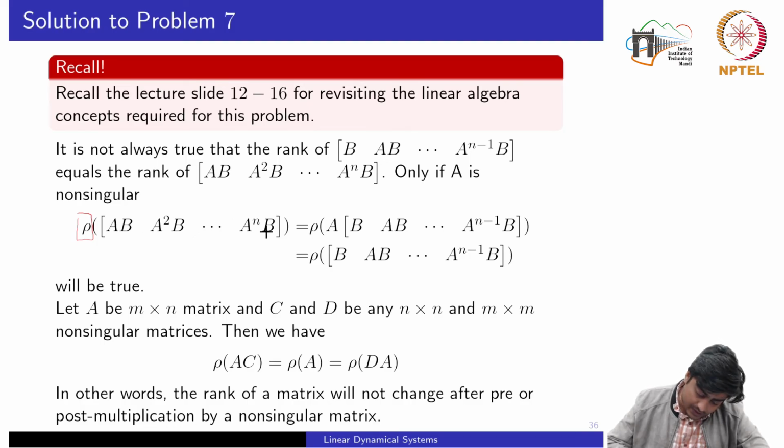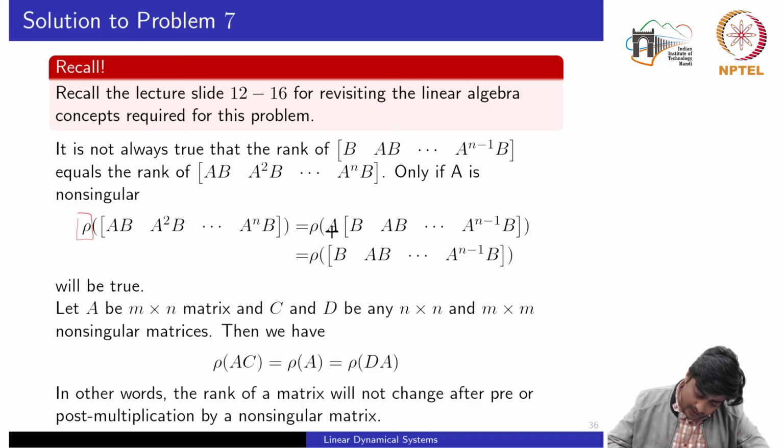So the rank of this matrix I can express as the rank of A and the rank of the rest of the matrix. In fact, this is the matrix of which I am interested in computing the equivalence with the previous matrix. So I can express this matrix as the multiplication of these two.